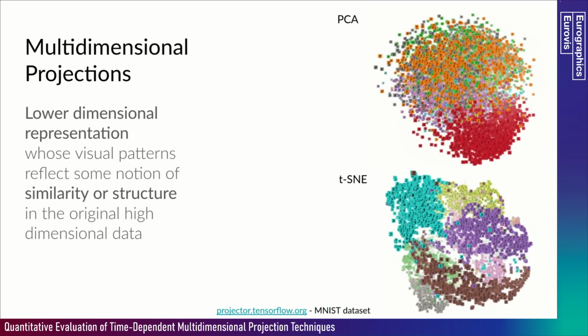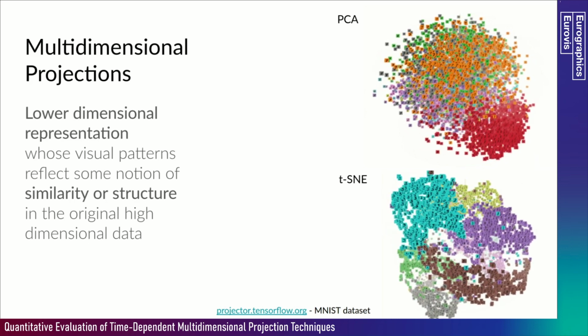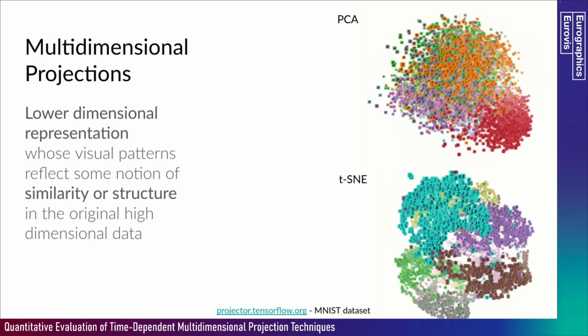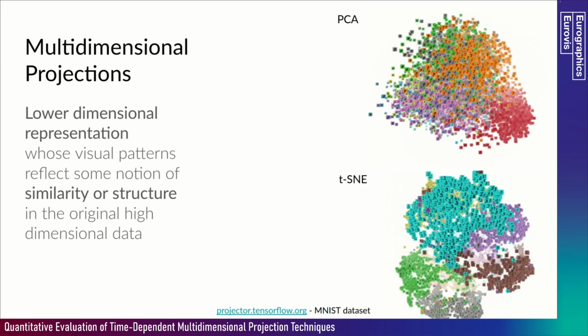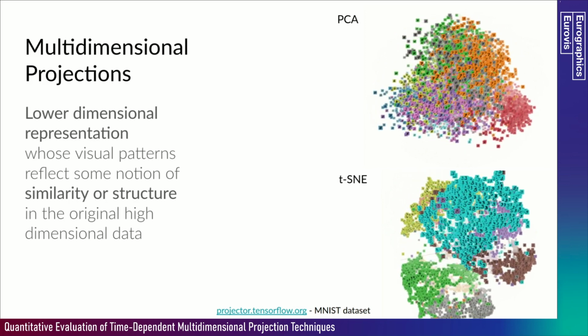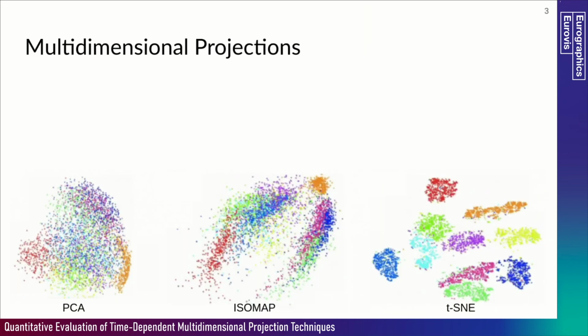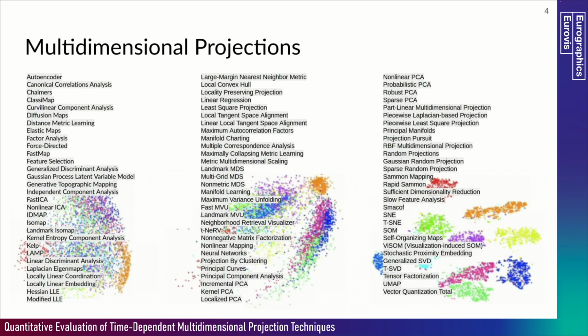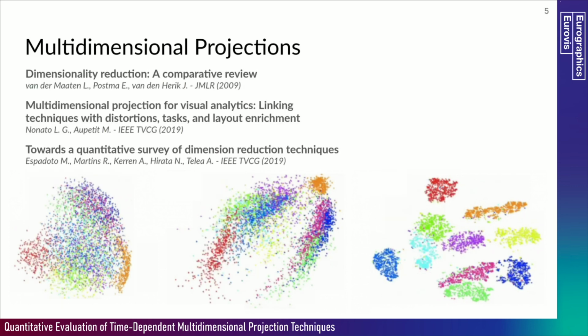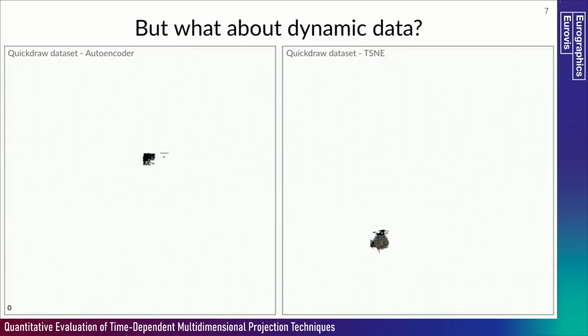On the right we see two static 3D representations of the MNIST dataset, one generated by PCA and the other generated by TSNE. The scientific community has studied these methods at great length, creating dozens of techniques that optimize for different constraints, and categorizing, classifying, and testing these numerous methods. But most of these are not designed to deal with dynamic data, which may lead to misleading visualizations.